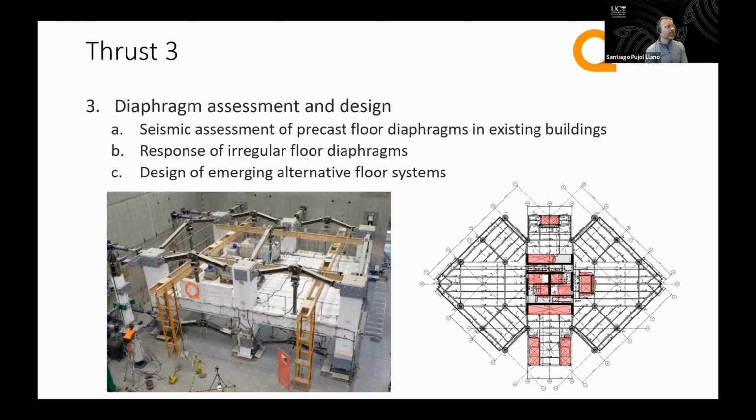For Thrust 3, again, the focus is on the diaphragms, and the items of interest here are the precast floor diaphragms in existing buildings. We all know how important that is for New Zealand, and I think Des and Ken and Tim have made a lot of progress with this.